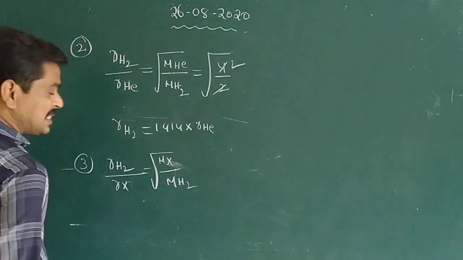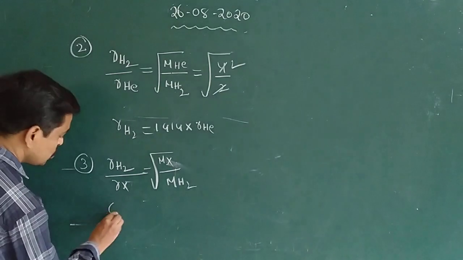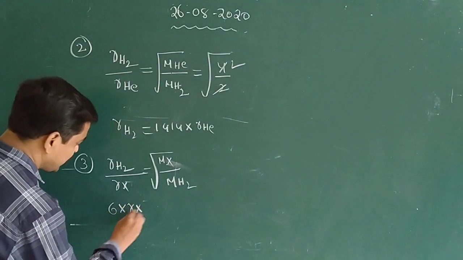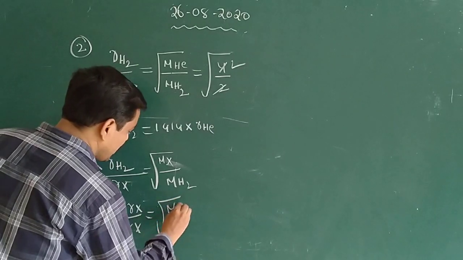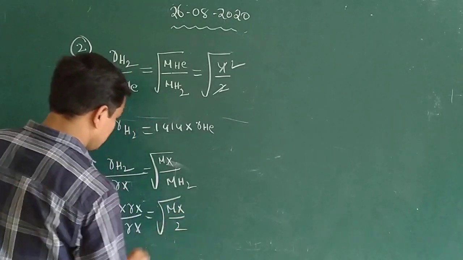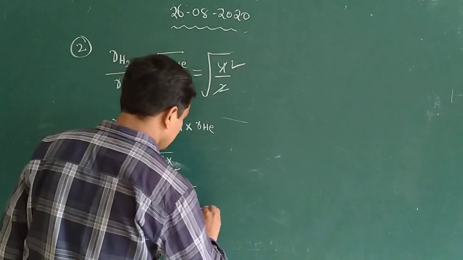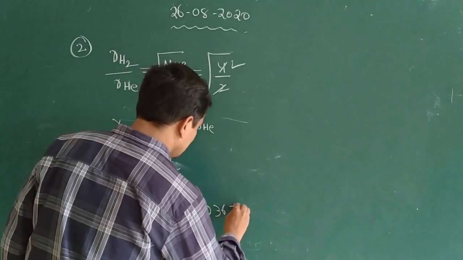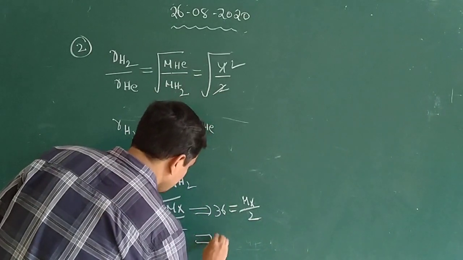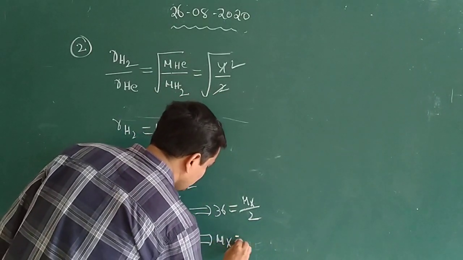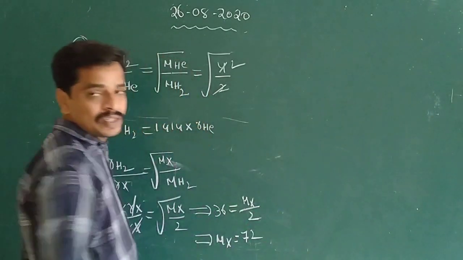Hydrogen gas diffuses 6 times faster than X. So 6 into Rx by Rx is equal to square root of mx by 2, students. Rx gets cancelled. Squaring on both sides, 36 is equal to mx by 2, students. That implies mx is equal to 36 into 2, students, 72.